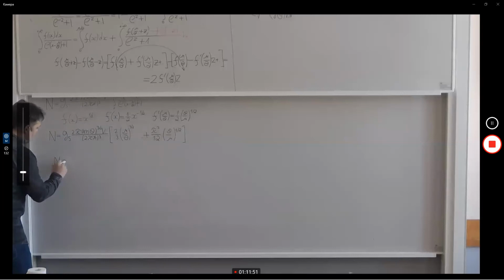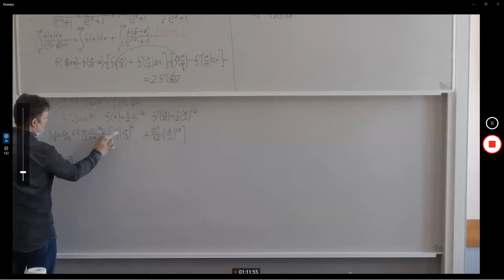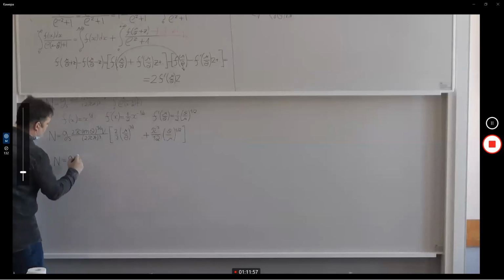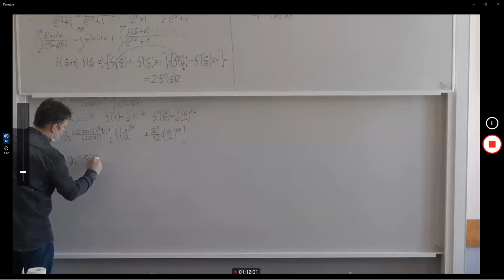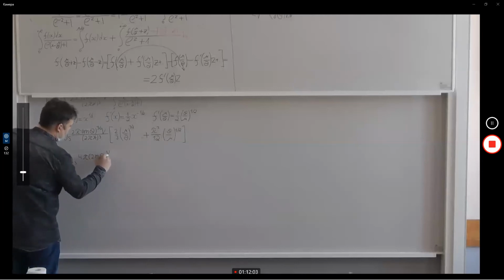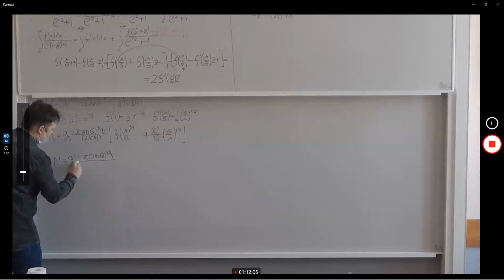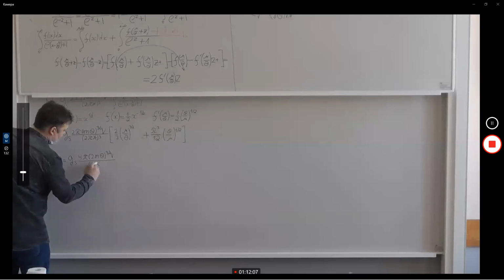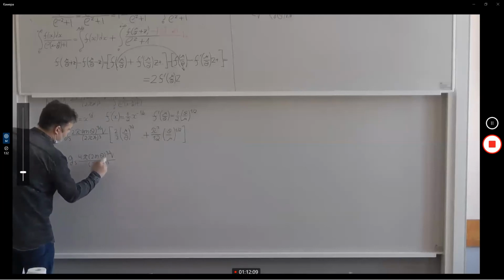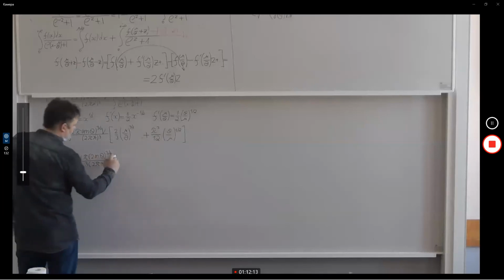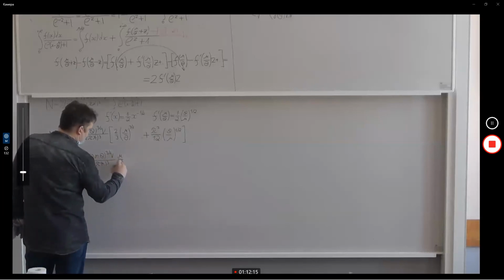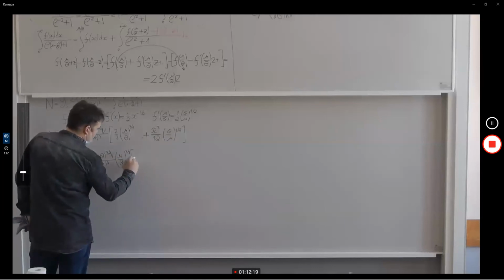So we will get n equals g_s, here 4π (2mθ) to the power 3/2 of V divided by (2πħ) cubed, here 3 μ divided by θ to the power 3/2.